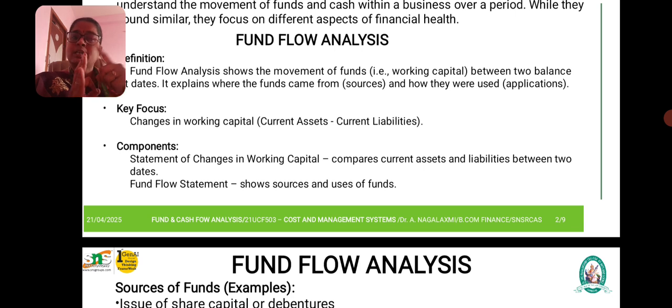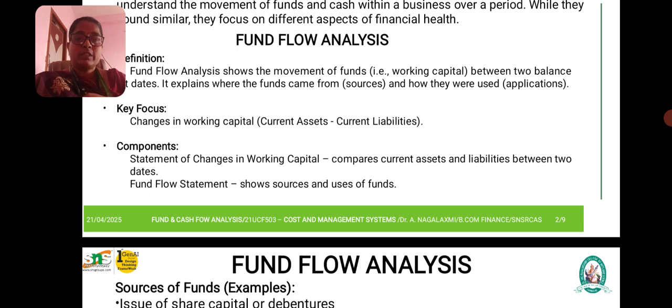Debtors, previous year, current year. Likewise, current liabilities, creditors, previous year, current year. So, the comparison of current assets and current liabilities between two dates is the first component, which we calculate using the statement of changes in working capital.